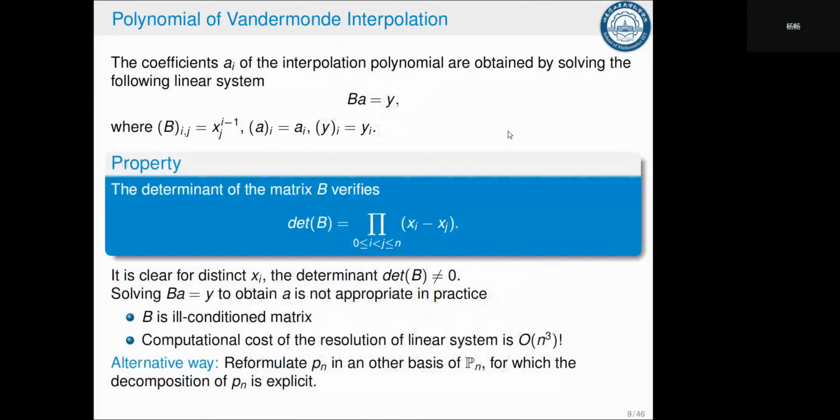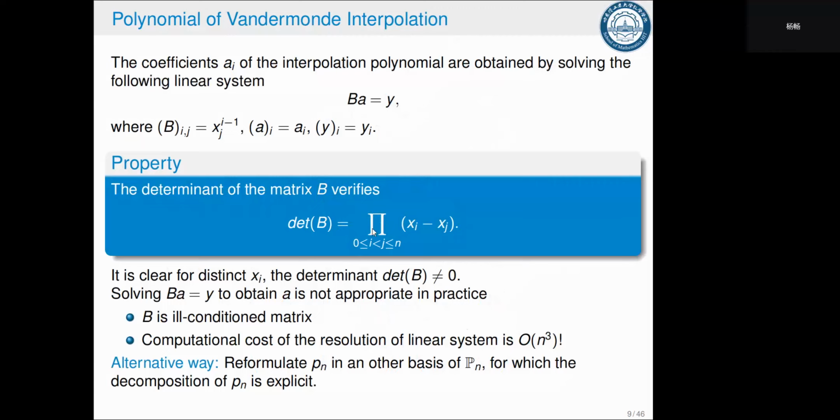Then we also use a consequence from linear algebra. If B is a Vandermonde matrix, then its determinant can be simply expressed in this form.